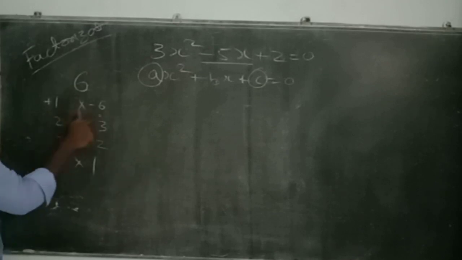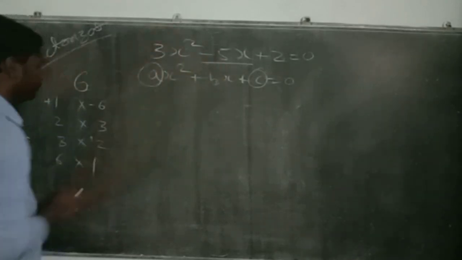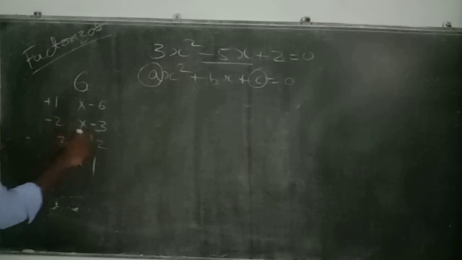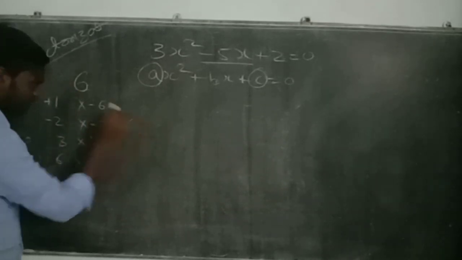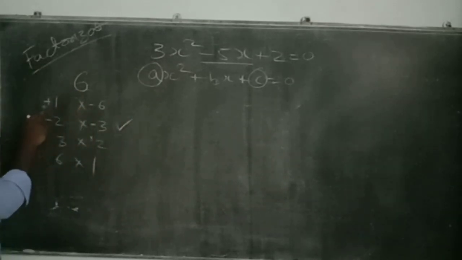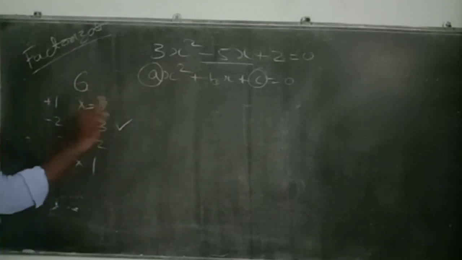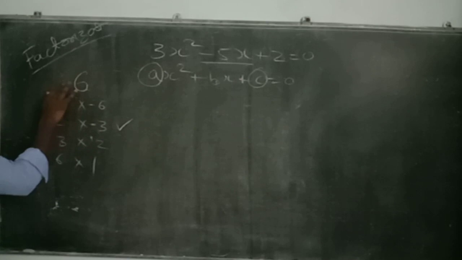By adding these two, I get minus 5. Let me also take minus 2 minus 3. By adding these two we get minus 5, and multiplying minus into minus we get plus, 2 threes are 6. This one satisfies, but the first does not, because plus into minus is minus 6, so the product is not satisfied.